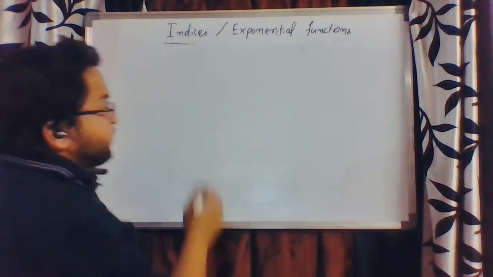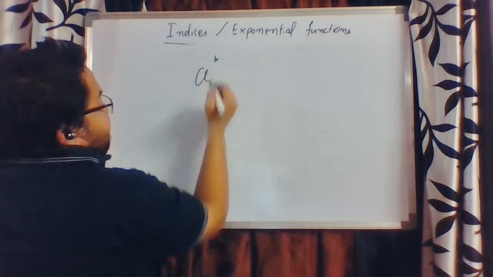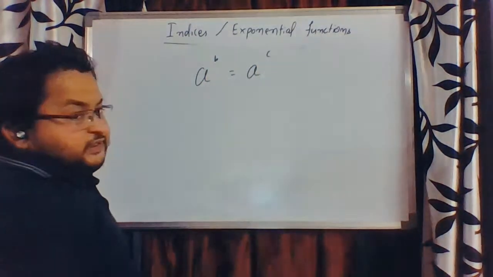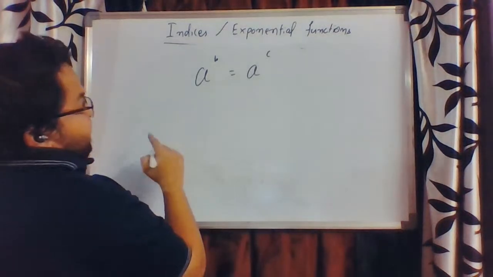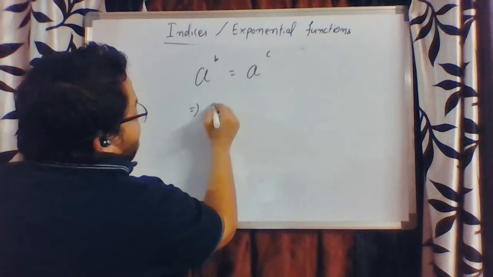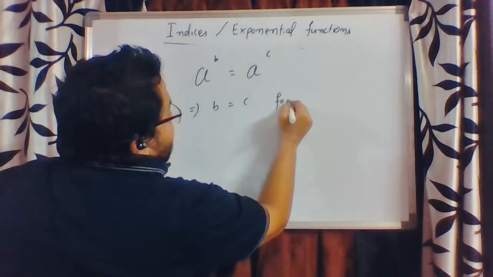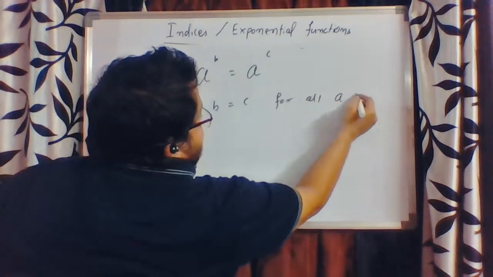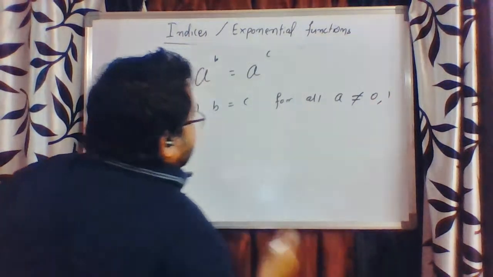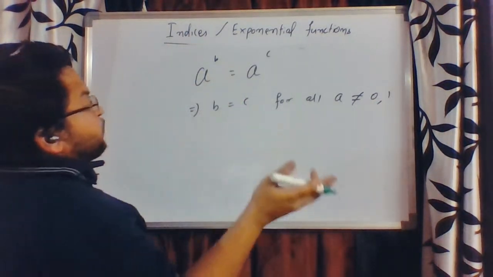That is when we have a to the power b equals a to the power c, then obviously this implies b equals c for all a not equal to 0 or 1, because when it is 0 or 1, as per rule number 2 and 3, there would be different values.